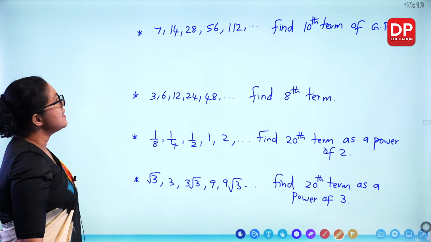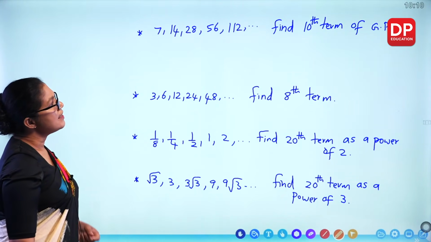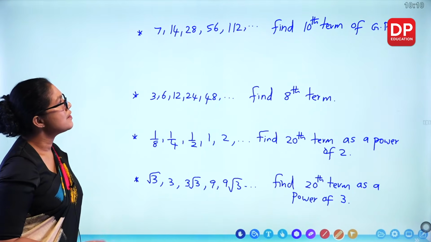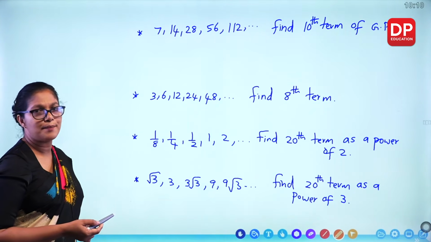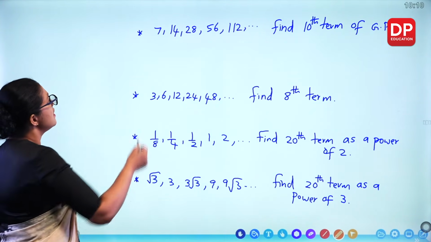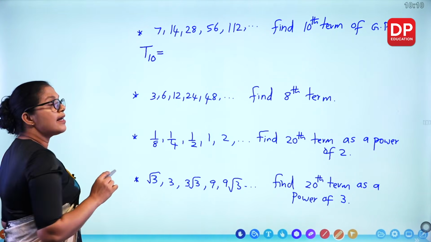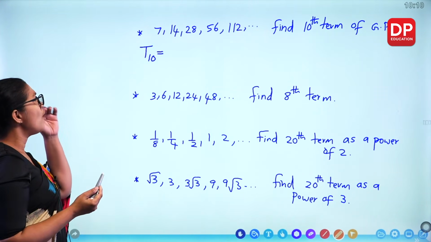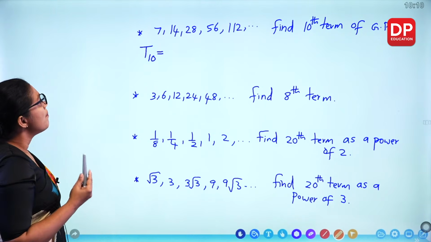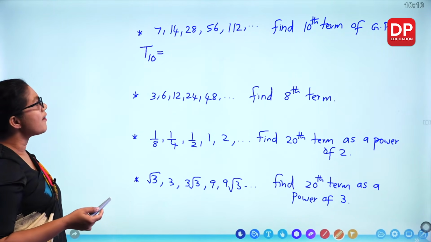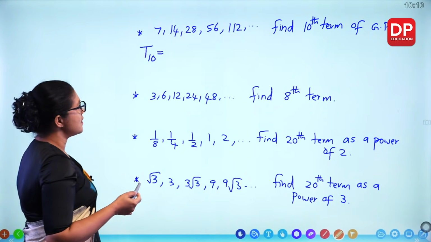Now we'll look at these progressions, and you are asked to find the separate terms. First one, you are asked to find the 10th term. So what is the 10th term? That means T10. You can apply the formula. But before that, you need to identify what is R and A. A is the first term.